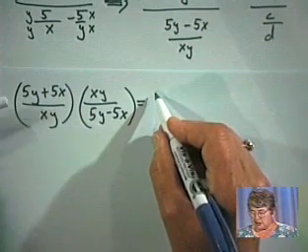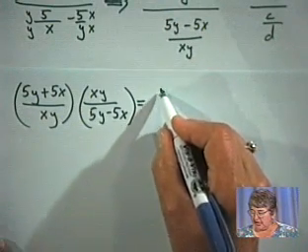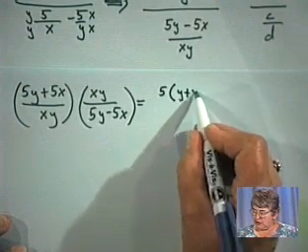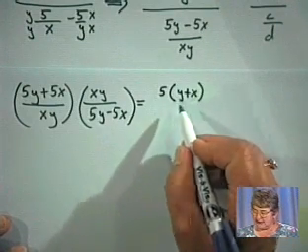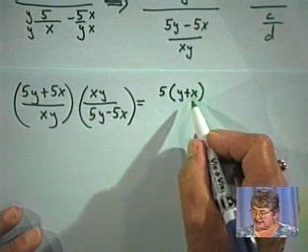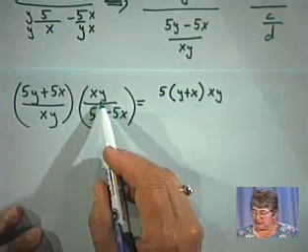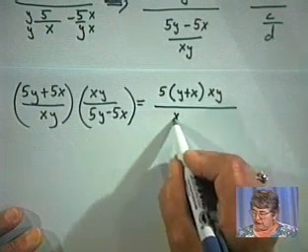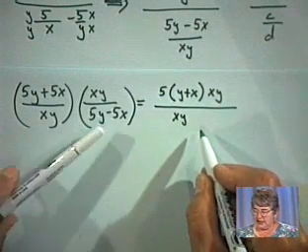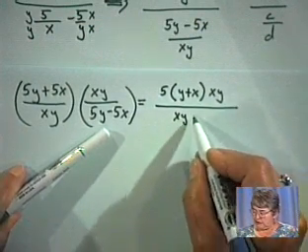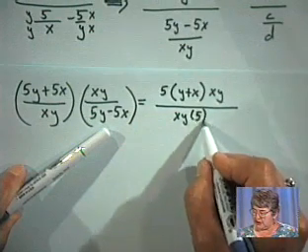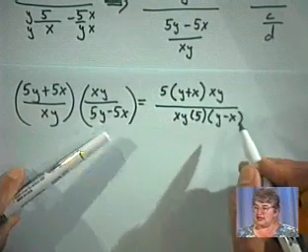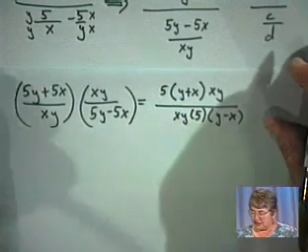From the first expression right here, we see that 5 is a common factor. So let's factor that out, and we're left with y plus x. For the second factor, we start out with the xy, and in the denominator we notice that we have a 5 that's common to both. We'll factor that out. We're left with y minus x inside the second factor.